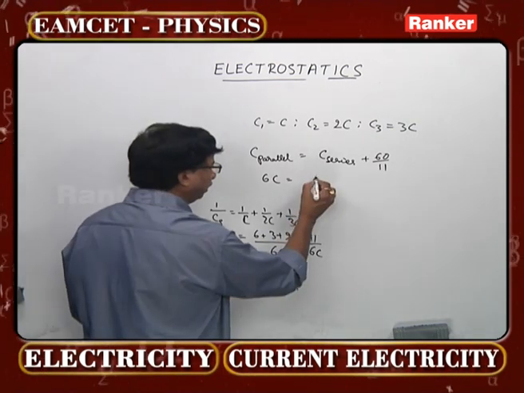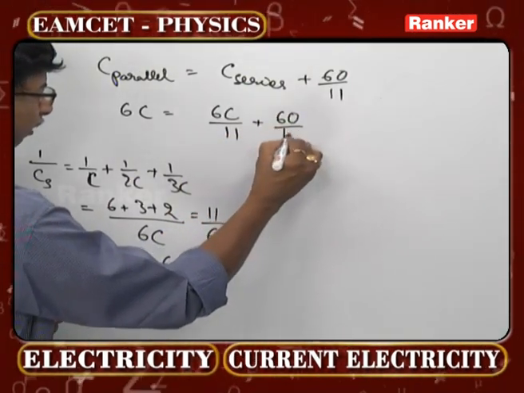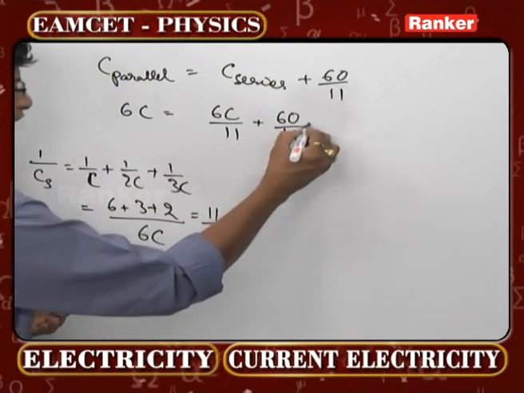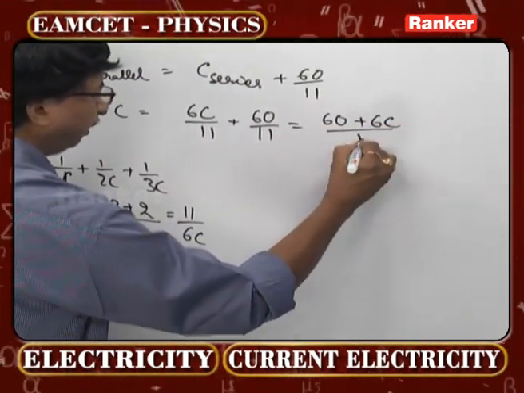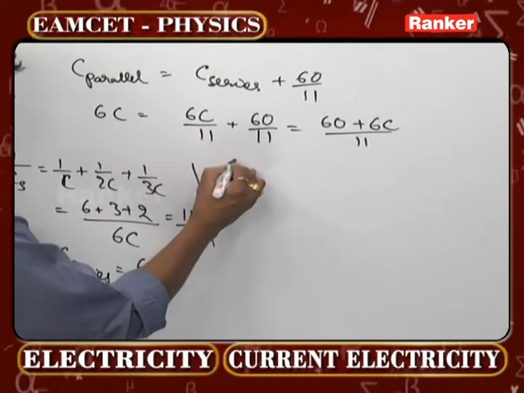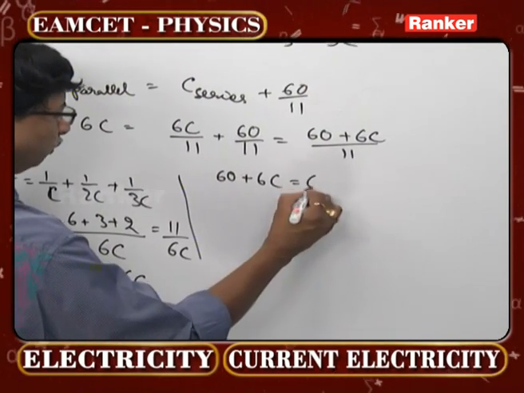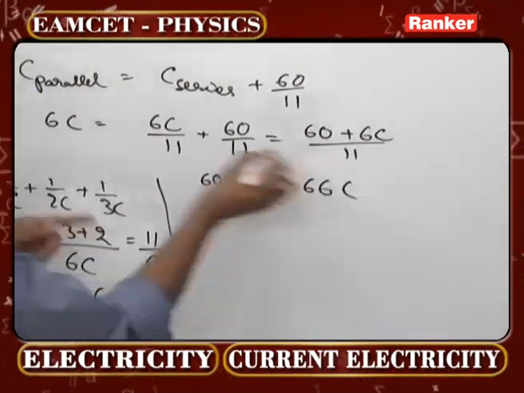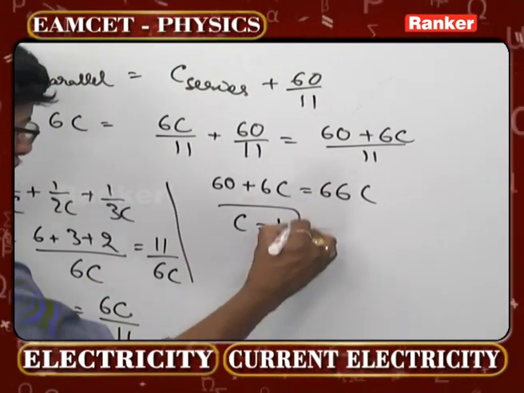Write that over here: 6C by 11 plus 60 by 11. Now you can write this as 60 plus 6C by 11. Cross multiply this please. 60 plus 6C is equal to 66C, that is 6 into 11. Now this goes there. C becomes 1.